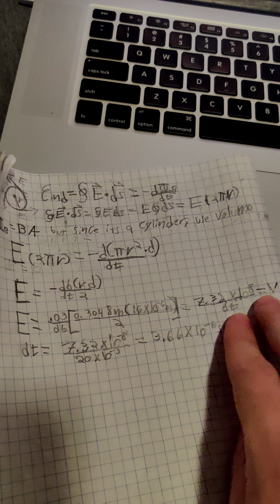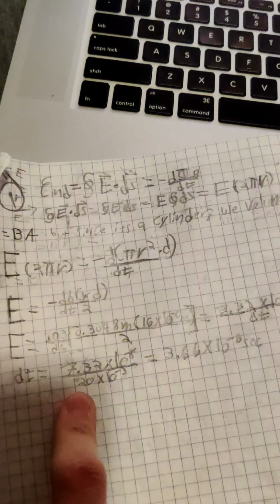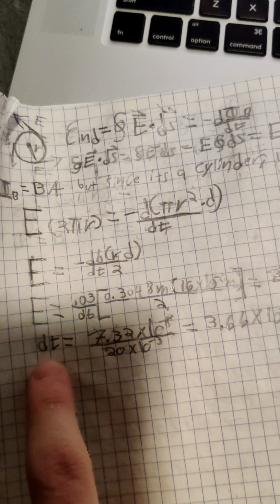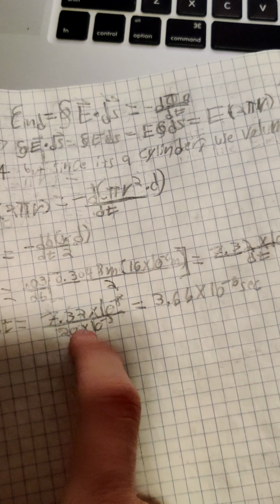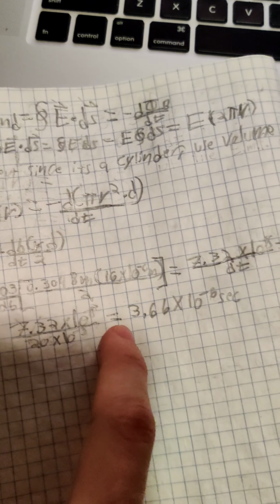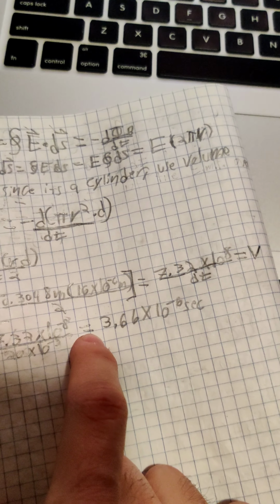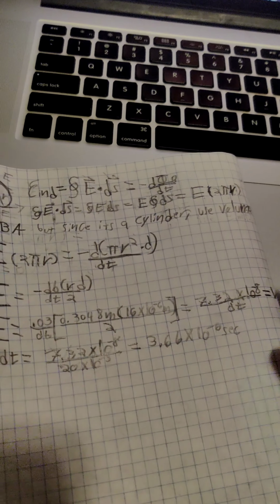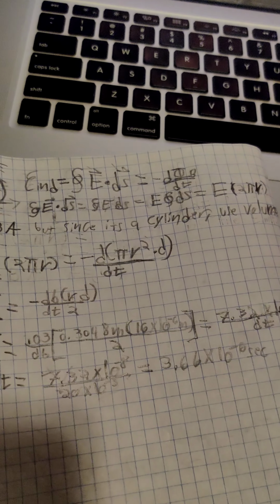And so for the minimum voltage that we're given right here, we isolate dt, and so we divide the 7.38 times 10 to the negative 8 by 20 times 10 to the negative 3 to get 3.66 times 10 to the negative 6 seconds, which is the minimum amount of time safe to rise t.